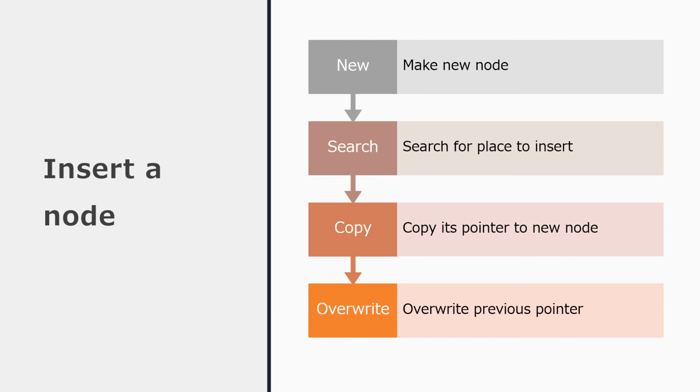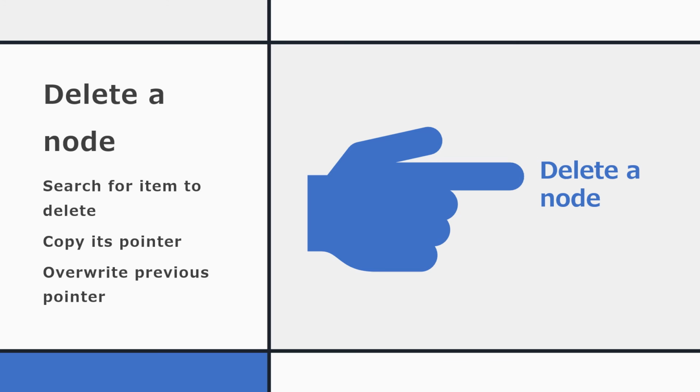If we want to insert a node into our linked list, we would make the new node, use the search command to search for the place where we want to insert it, copy that pointer into our new node and overwrite the previous pointer so that our new node is inserted halfway through the list. And finally, we could delete a node.